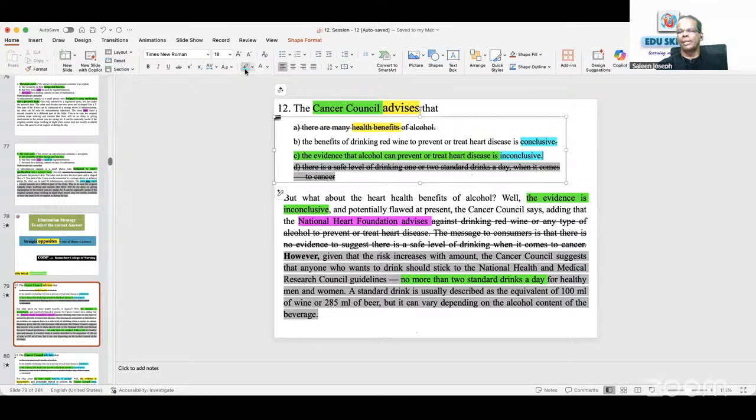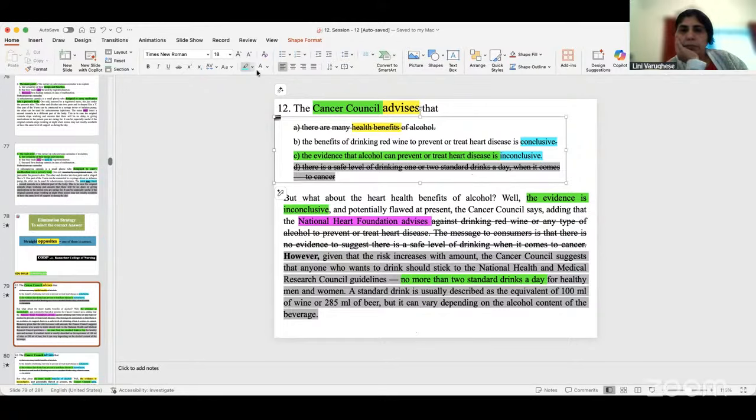There is a safe level of drinking, 1 or 2 standard drinks a day, when it comes to cancer. That is option D. Do you have that answer somewhere? However, given that the risk increases with the amount, the Cancer Council suggests that anyone who wants to drink should stick to the National Health and Medical Research Council guidelines, no more than 2 standard drinks a day for healthy men and women. A standard drink can vary depending on the alcohol content of the beverage. Two drinks a day is for whom? Not for cancer patients.